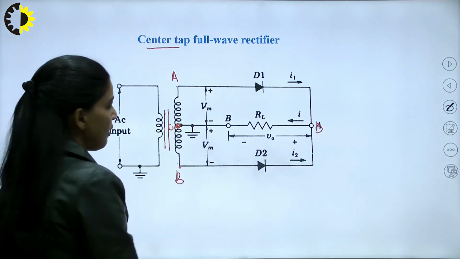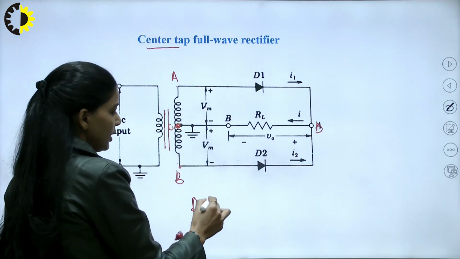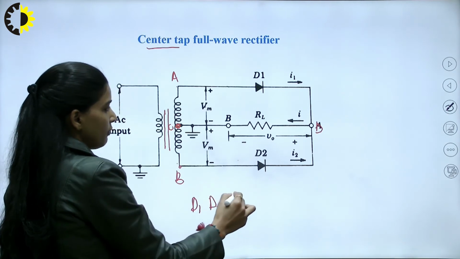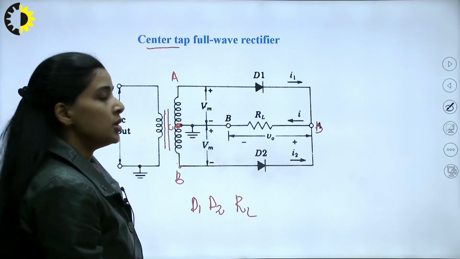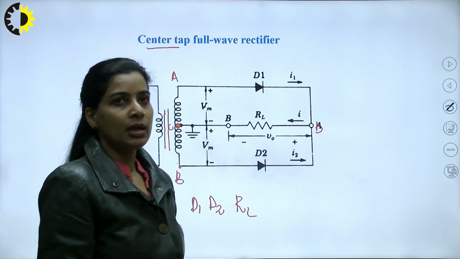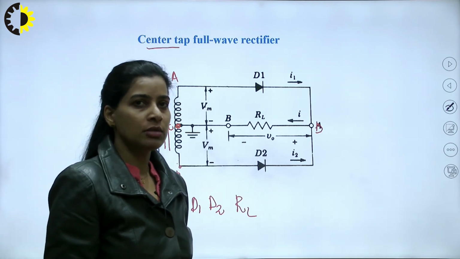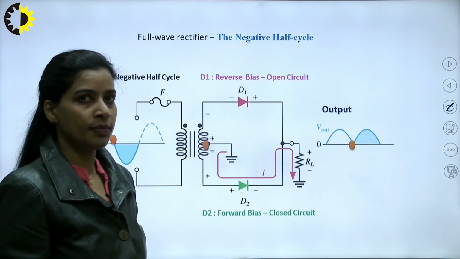So, here we have two diodes D1 and D2 and one load resistance RL. Now we will see how this center tap rectifier works.